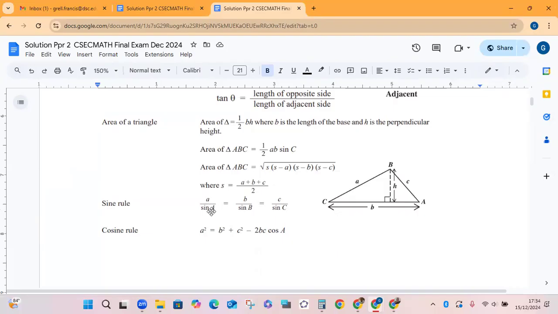Side a is opposite to angle A. Side b is opposite to angle B. You notice I mentioned the word opposite twice. So that's the sine rule. Cosine rule: side a is opposite to angle A, but angle A is between b and c. So that is why we know we've got to use the cosine rule.